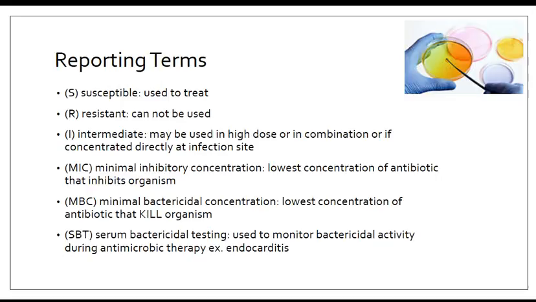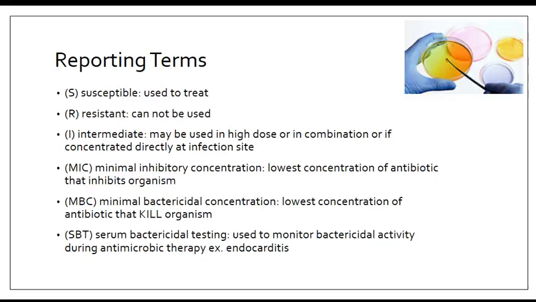Okay, the terms that you need to know. S is usually put beside the result to stand for susceptible. That means that the organism is susceptible to the antibiotic and it kills it and it can be used for treatment. Resistant with an R, it can't be used. Intermediate, there's always an intermediate range in which the organism is not resistant or not susceptible.